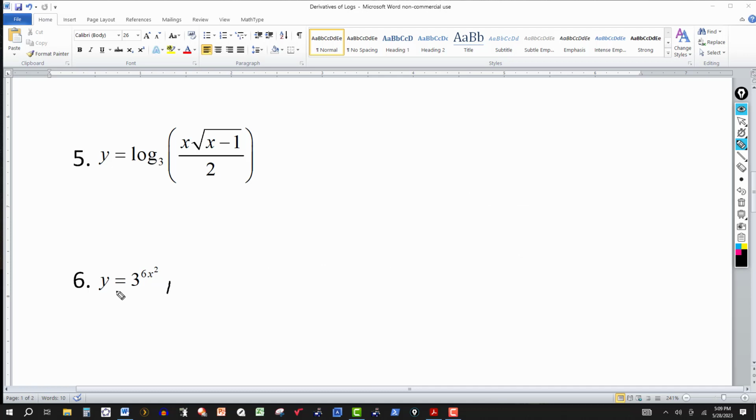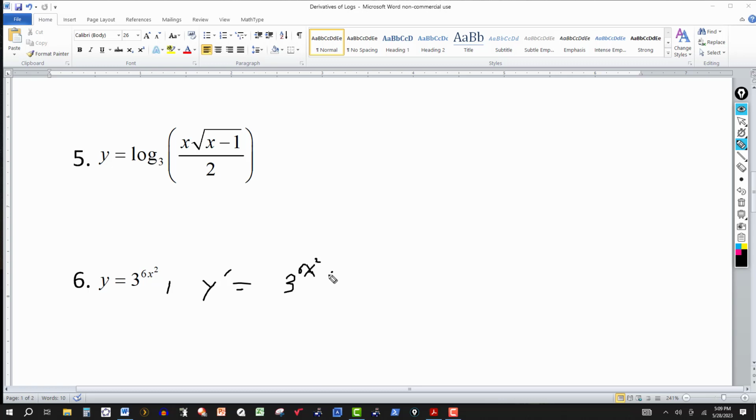Okay, the next one we have the exponential 3 to the 6x squared. So this one we can just proceed with the derivative using the formula we just went over earlier at the beginning of the video. So the derivative of an exponential of this form is always going to have the exponential. So 3, and this will be 6x squared, and then it's going to be the derivative of that represents u.